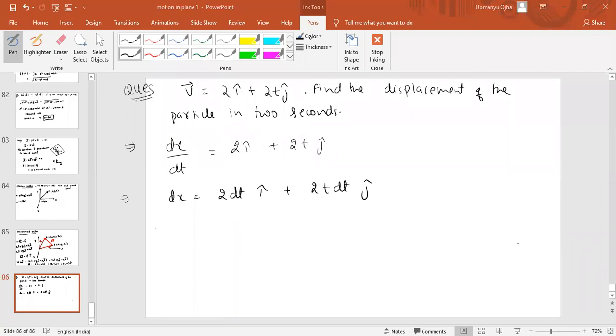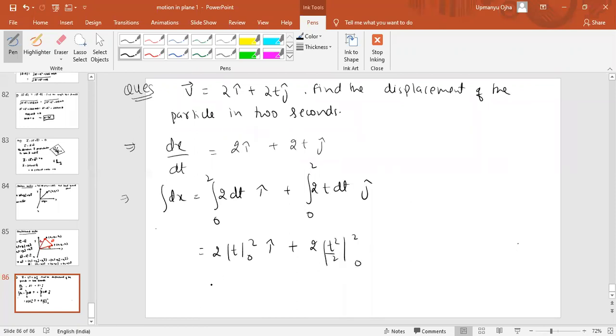Now we have to integrate this to get the displacement. Displacement in 2 seconds means the limit 0 to 2. If you integrate this, you'll get 2t limit 0 to 2 i cap plus 2 t square by 2 limit 0 to 2.